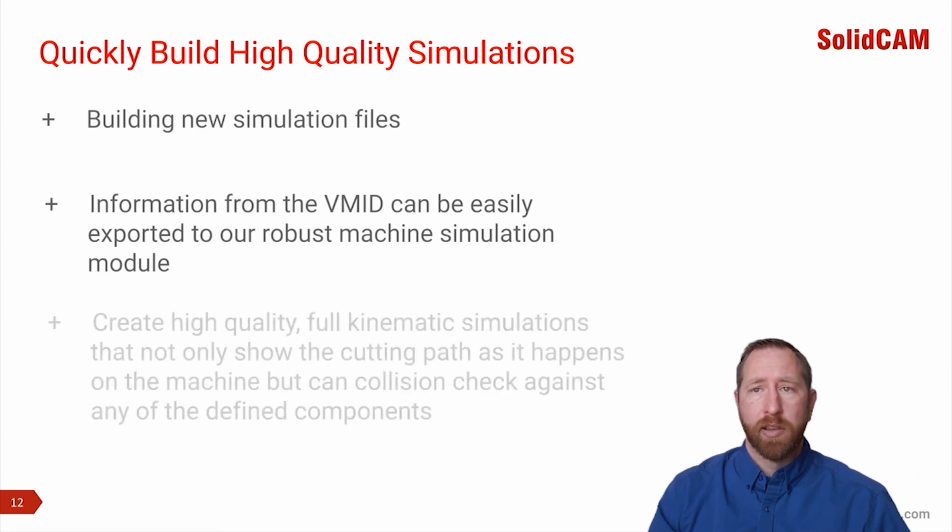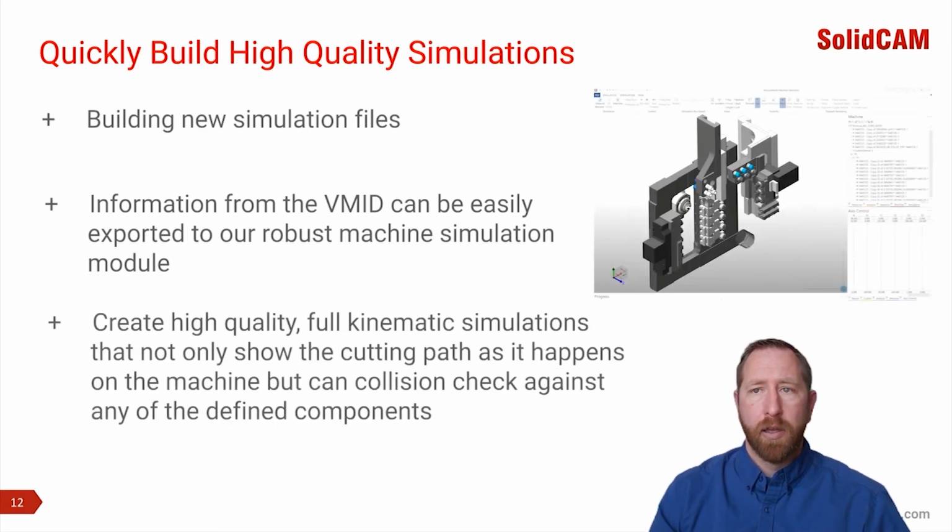This module allows us to create high-quality, full kinematic simulations that will show in virtual space all of the components of the machine, and can also be used by the end user to see how the toolpath would run on the machine and alert the user as to any collisions that may occur between any of the components in the machine. For multiple channel machines, this also allows the user to see each channel running in simultaneous movement.